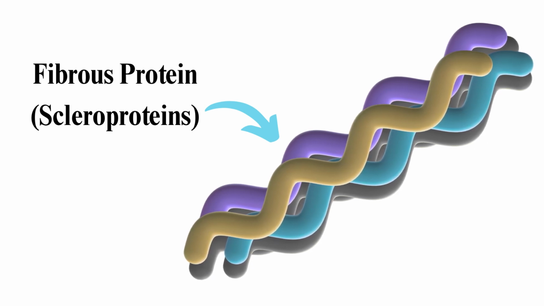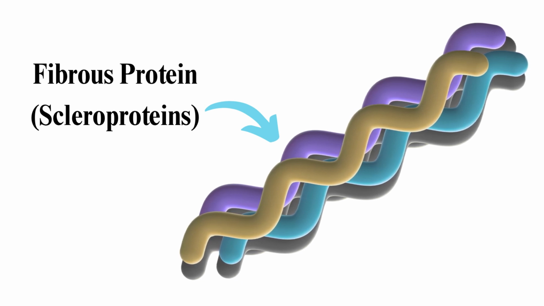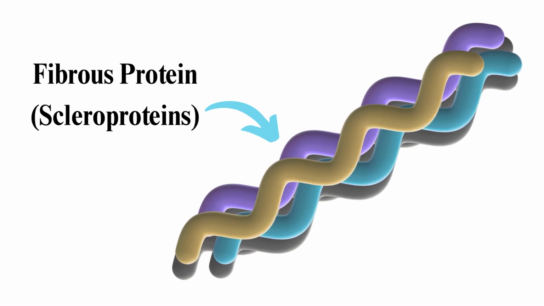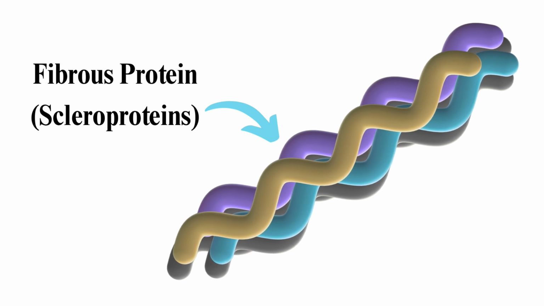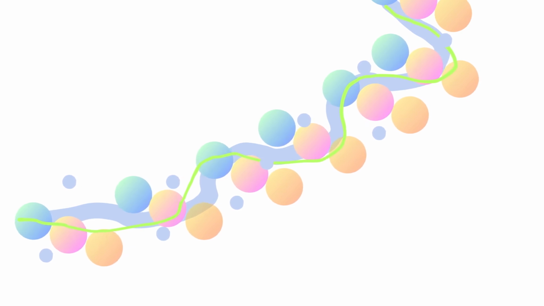They are primarily structural proteins that play a vital role in supporting and strengthening various tissues and structures within the body. Key characteristics. Structure. Fibrous proteins consist of polypeptide chains arranged in long, filamentous structures, often forming fibers or sheets.